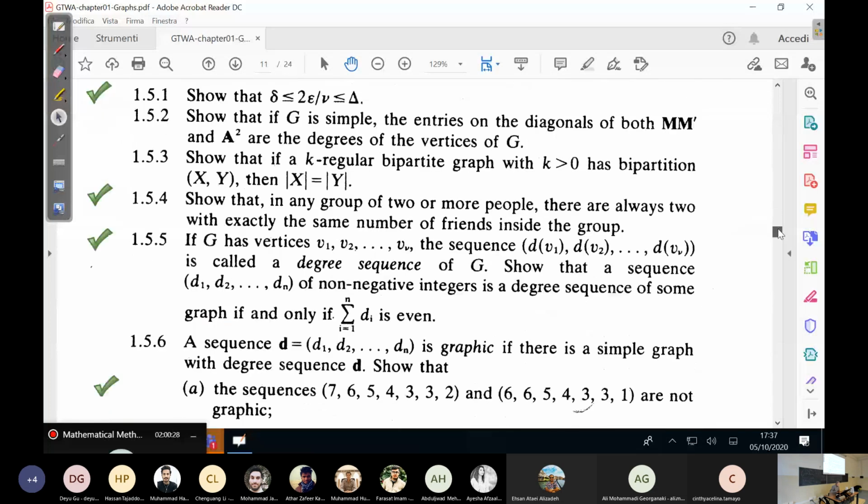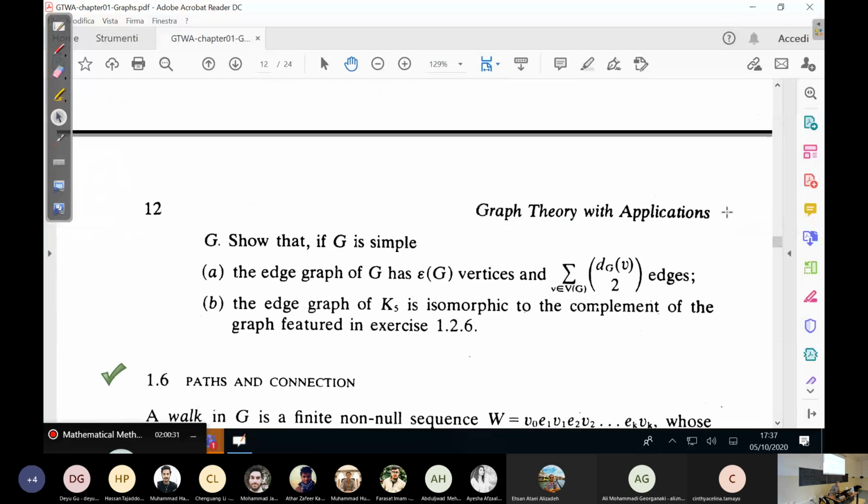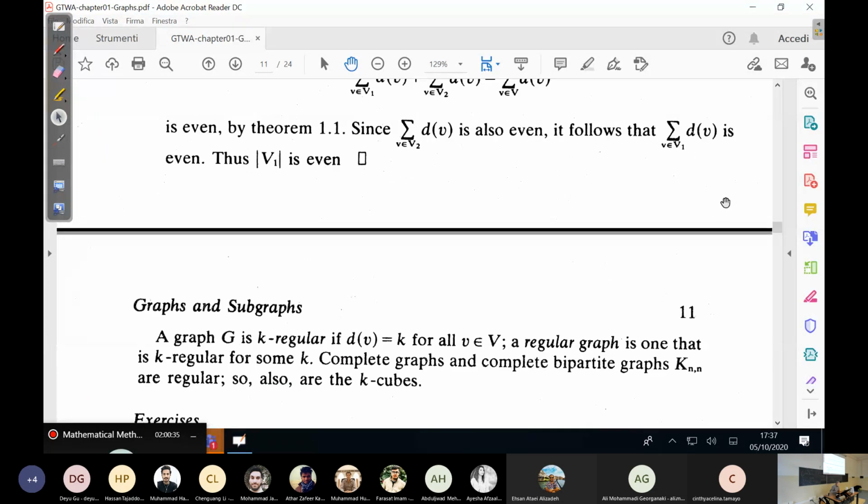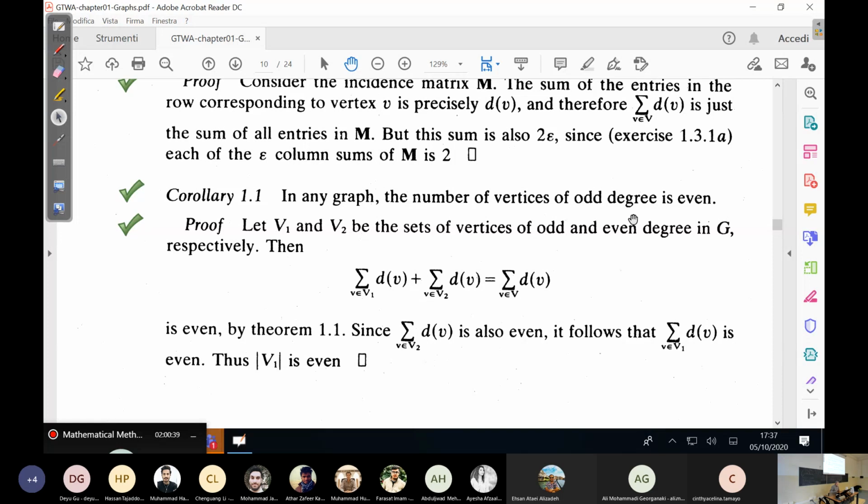Is it near the question? This one? Yes. And the corollary number 1.1, which said that in any graph the number of vertices of odd degree is even. So if we understood this proof, we can say that the sum of them is even too.